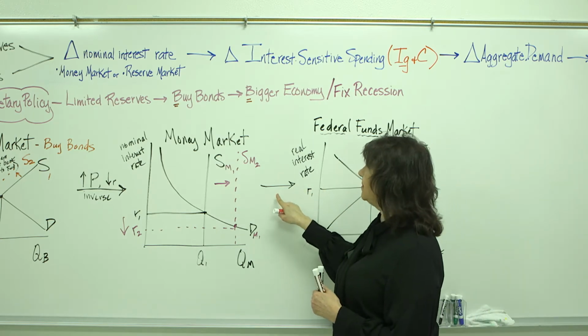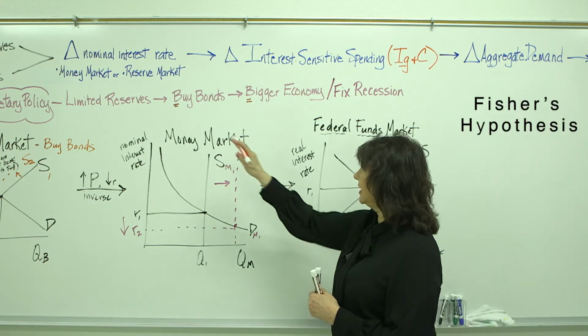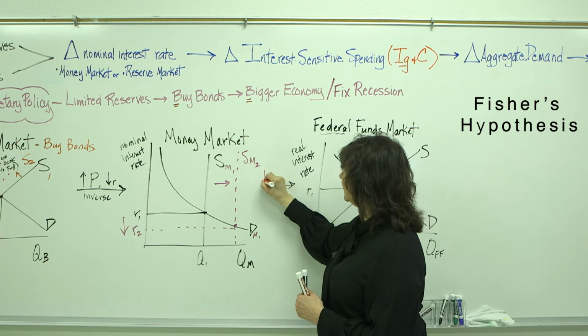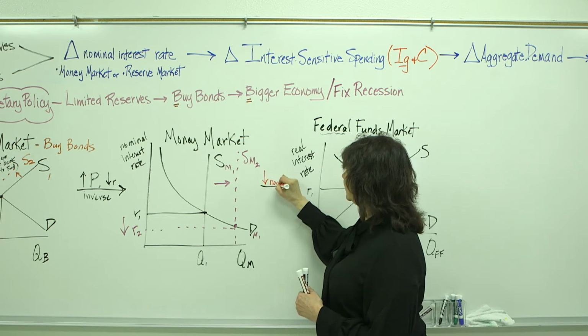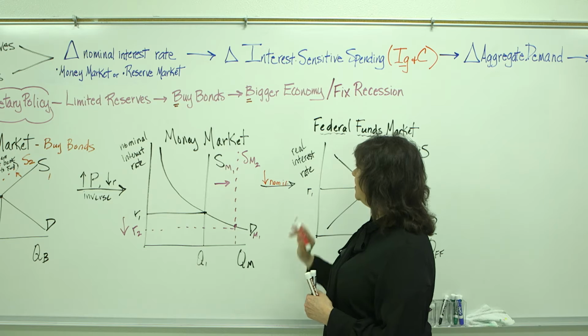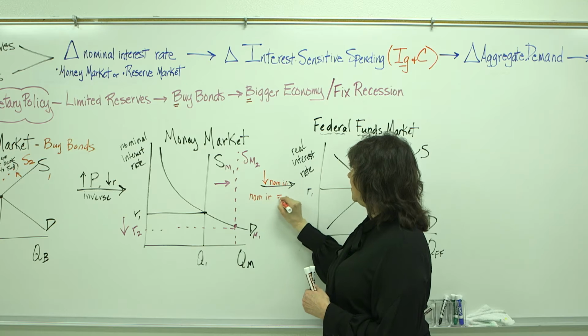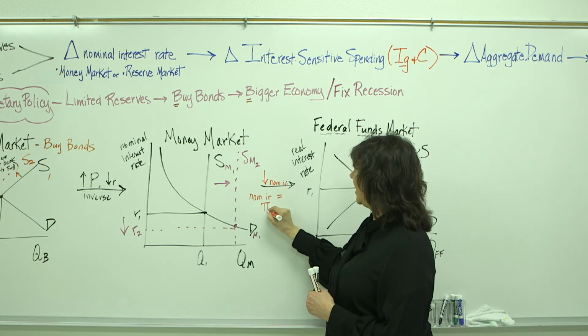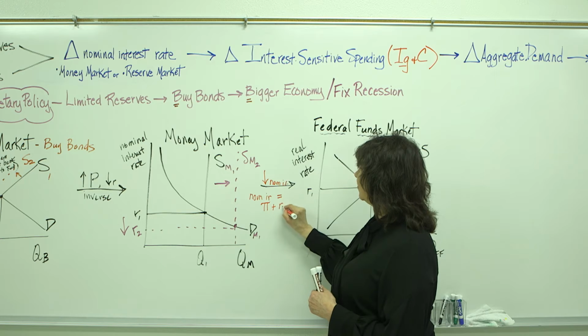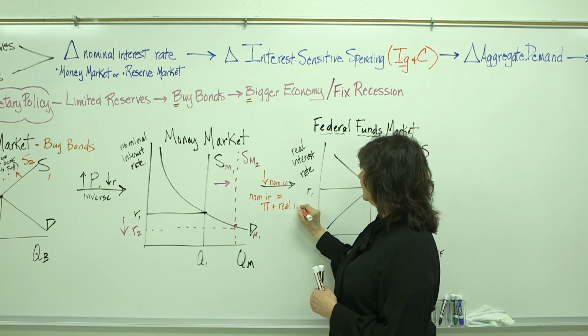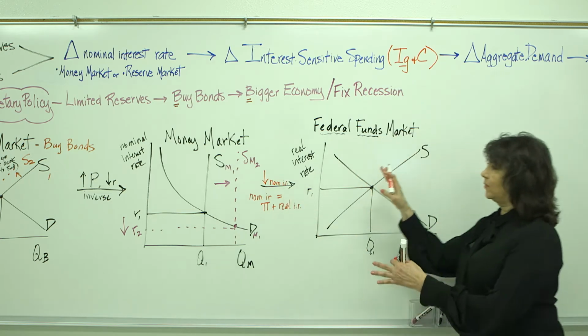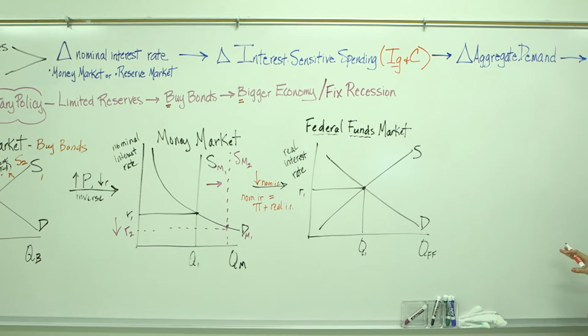Here, what I want you to remember is Fisher's hypothesis. So you have a decrease here in the nominal interest rate. Remember, Fisher's hypothesis says that the nominal interest rate is equal to the inflation rate plus the real interest rate. And that's going to play out once we get to the macroeconomy.